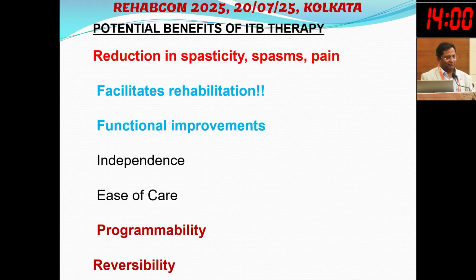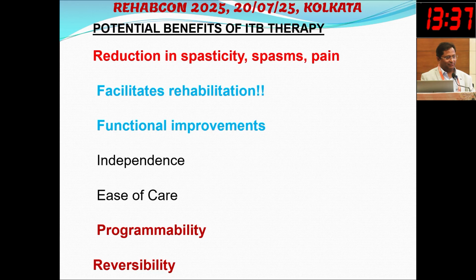The potential benefits of ITP therapy: it reduces spasticity, spasms and pain, facilitates rehabilitation, functional improvement, independence, ease of care, programmability and reversibility. This is the main advantage over destructive surgeries and neuromodulation.